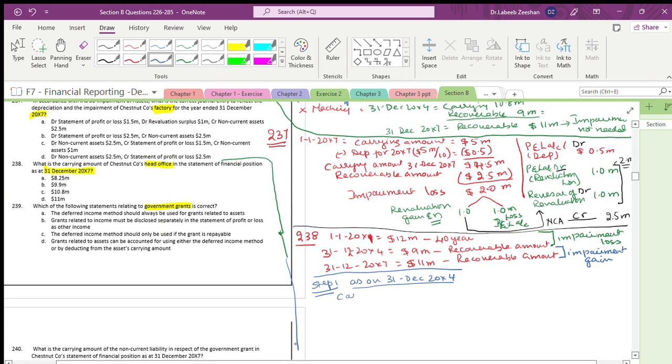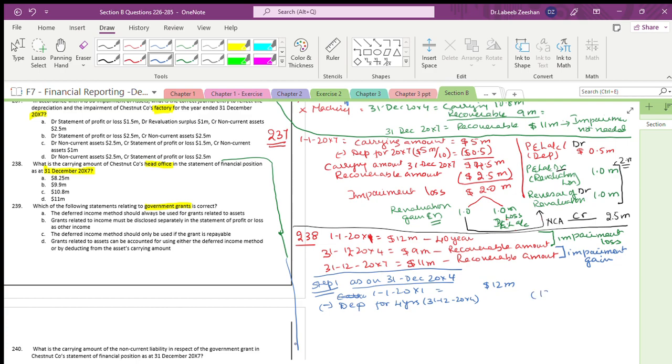Carrying amount is how much? As on 1/1/2001, it is 12 million. Less this depreciation for how many years? For 4 years till 31st December 2004. 12 divided by 40 times 4.